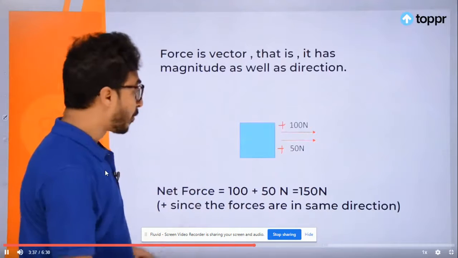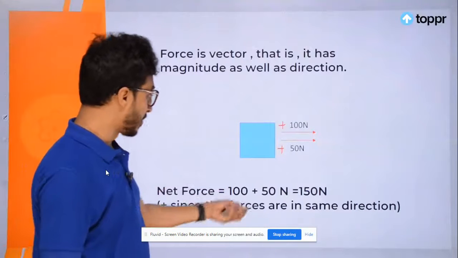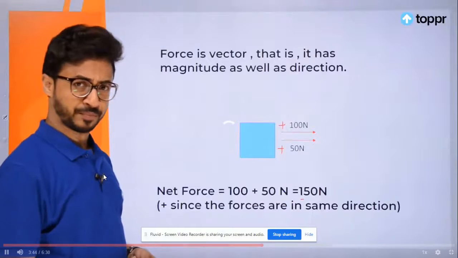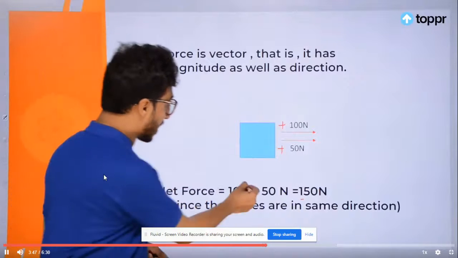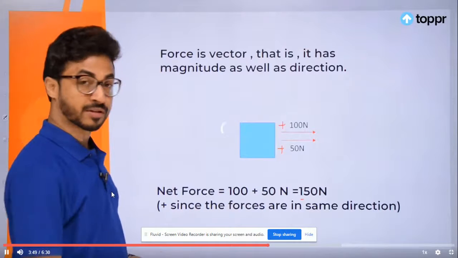The net force is the algebraical sum of both these forces. So 100 plus 50 is nothing but 150 Newton. Okay? We are adding because both the forces are in the same direction.